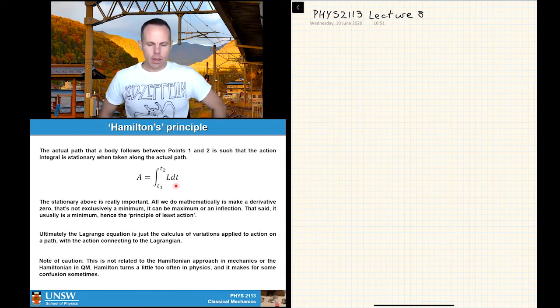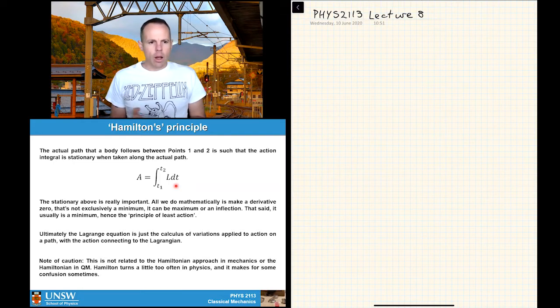Because it's usually a minimum, people refer to it as the principle of least action, but you should keep in mind that sometimes it's not the minimum. Rarely, but sometimes. Okay, and so ultimately our Lagrange equation is just the calculus of variations applied to the action on a path in a simple way.